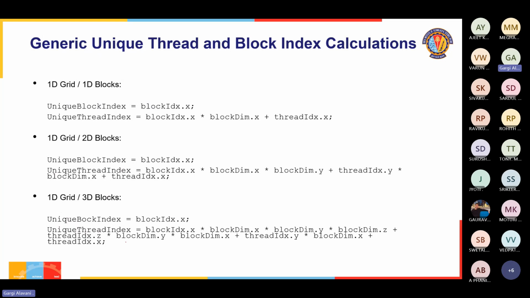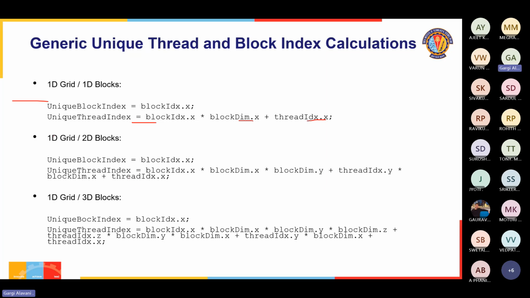Now, how do you calculate the unique thread index in 1D, 2D, and 3D? These are the formulas that you can use. For 1D, we have already seen the formula where we take blockIdx.x into blockDim.x plus the thread index.